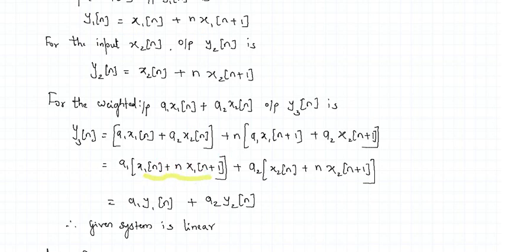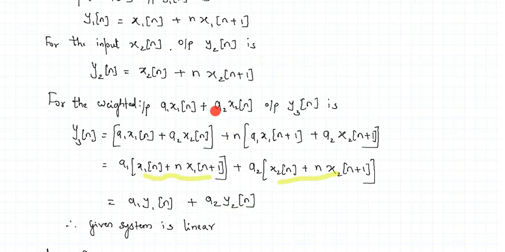Similarly, the other part, x2[n] plus n times x2[n+1], is nothing but y2[n]. So in the next step, we replace this term by y1[n] and this term by y2[n], and we observe that y3[n] is equal to a1 y1[n] plus a2 y2[n], which means the weighted sum of inputs has resulted in the weighted sum of outputs.